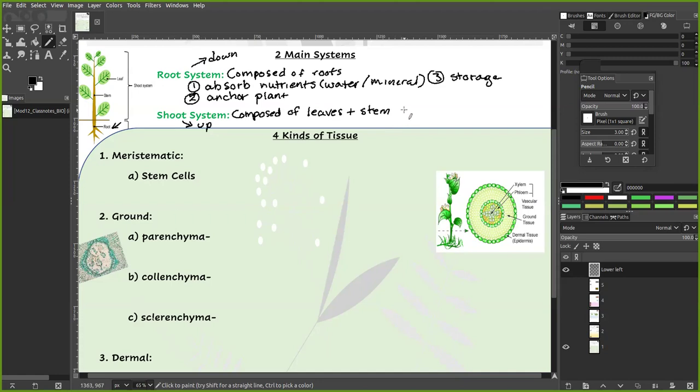Now its main function is photosynthesis. And of course, the stem does do photosynthesis, but it's also supporting the leaves. It's a support structure to make the leaves kind of grow apart from each other a little bit.